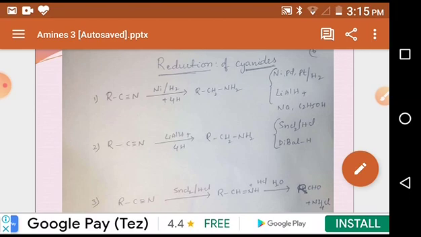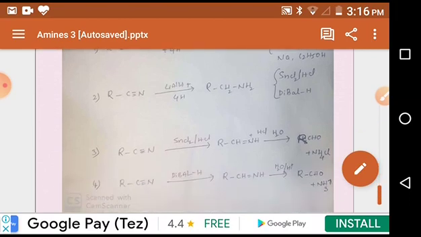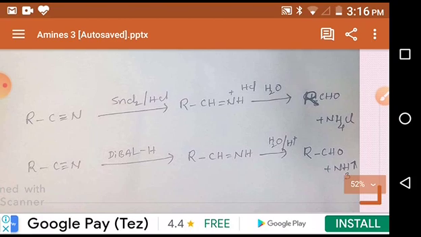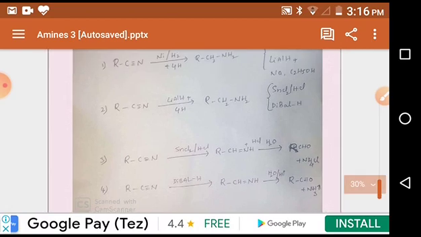Take phenyl cyanide, you get aniline. With tin chloride and HCl, methyl cyanide gives acetaldehyde and phenyl cyanide gives benzaldehyde. With DIBAL-H, it gives aldehyde plus ammonia gas.